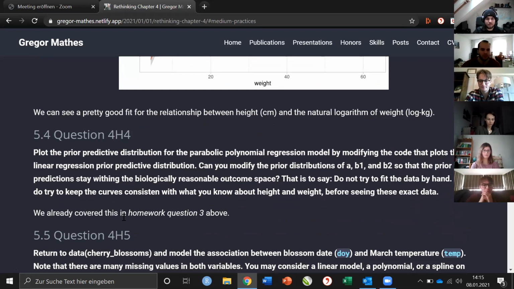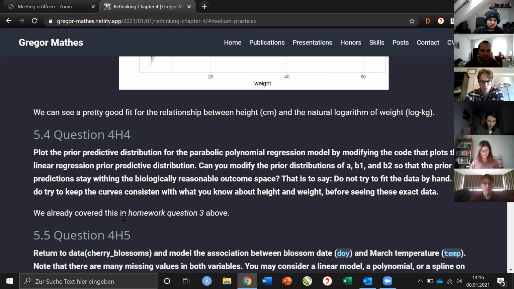So 4H4: plot the prior predictive distribution for the parabolic polynomial regression model, so the second order regression model, by modifying the code that plots the linear regression prior predictive distribution. Can you modify the prior distributions of A, B1 and B2 so that the prior predictions stay within the biologically reasonable outcome space?